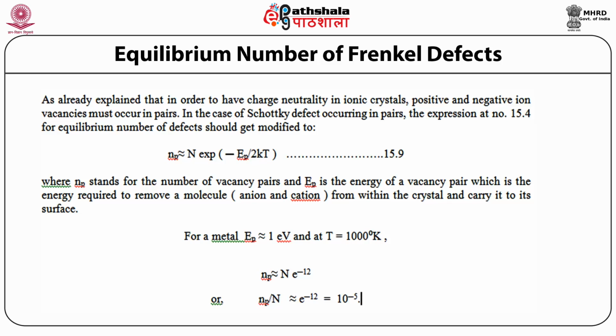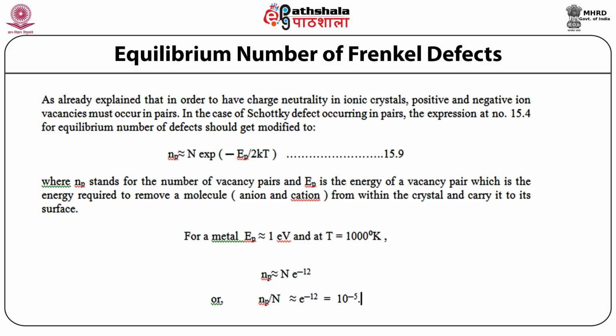In the case of Schottky defects occurring in pairs, the expression 15.4 for the equilibrium number of defects should get modified to n of the order of capital N exponential of minus EP upon 2kT, which is expressed as equation 15.9, where NP stands for the number of vacancy pairs and capital EP is the energy of a vacancy pair, which is the energy required to remove a molecule, that is anion and cation, from within the crystal and carry it to its surface.